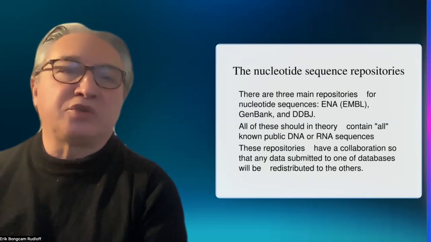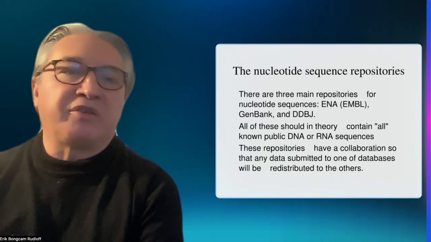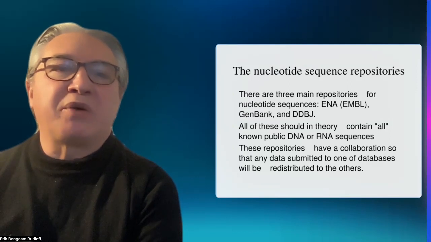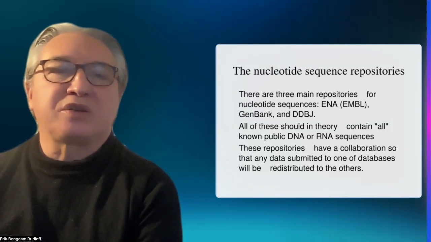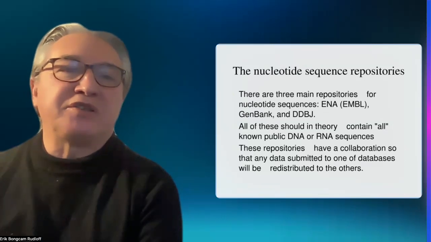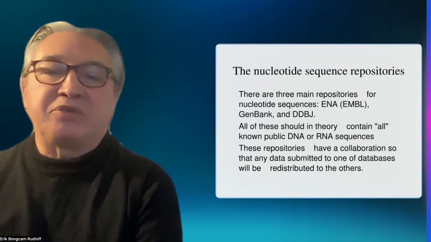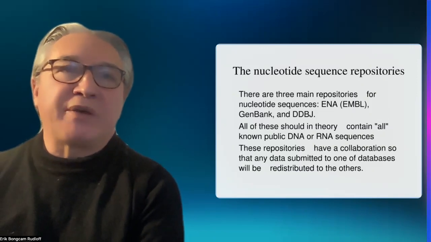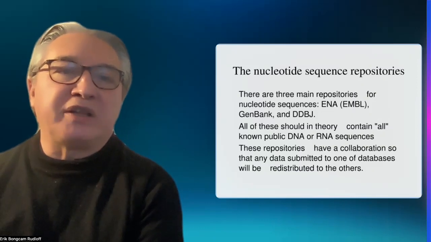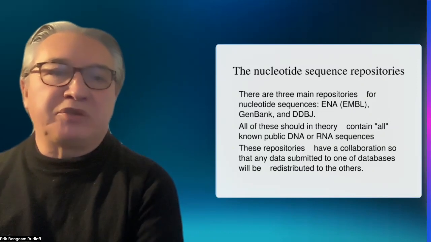All these three should contain, in theory, all public DNA and RNA sequences that exist. It's not really the case because nowadays people produce so much data and so fast that they have difficulties keeping up synchronizing. But in reality, if you submit to any of them, in 48 hours or 3 days, the data that you submit to one of them should be distributed to the others.